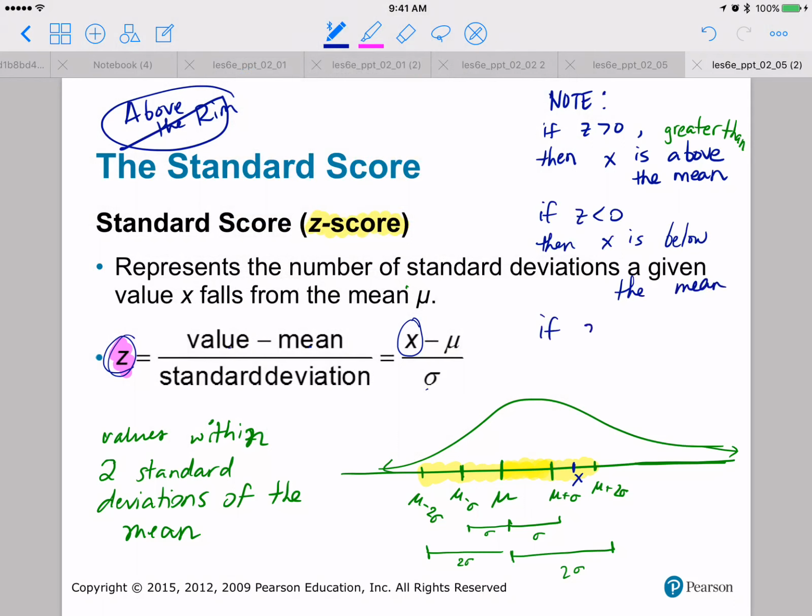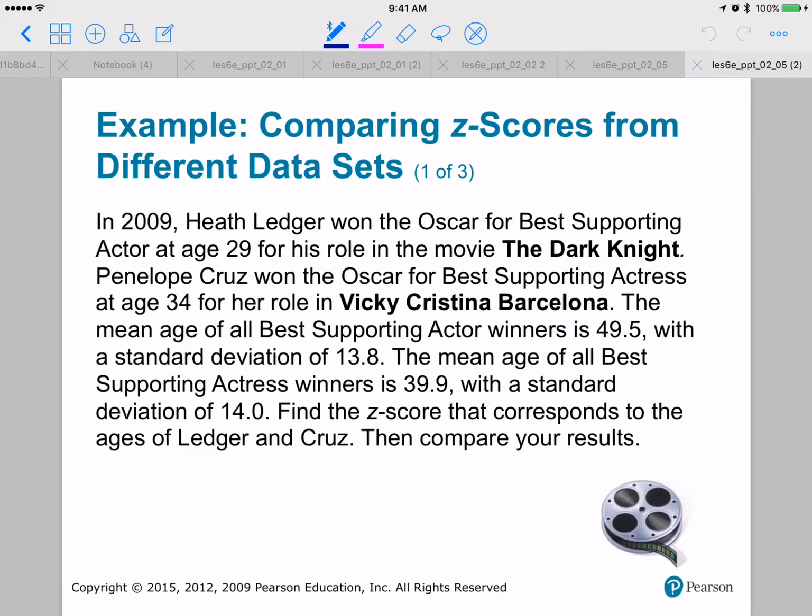And if z equals 0, then x has to be equal to the mean, because look at our formula. The only way z is equal to 0 is if the numerator is equal to 0, which means x is equal to mu. Okay? So if z is equal to 0, then x is the mean. If z is a negative number, x is below the mean. And if z is a positive number, x is above the mean.